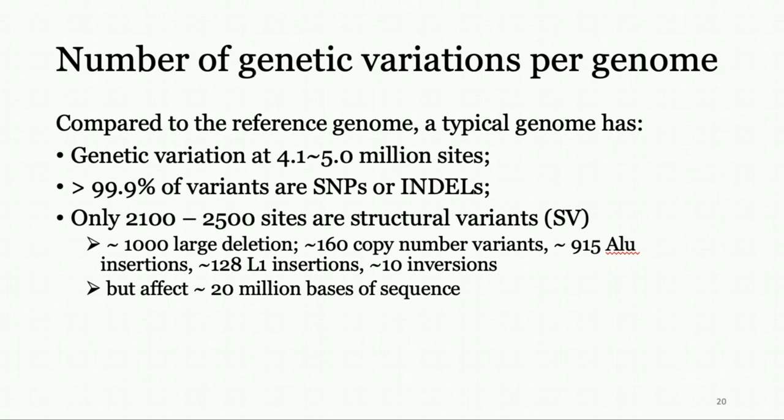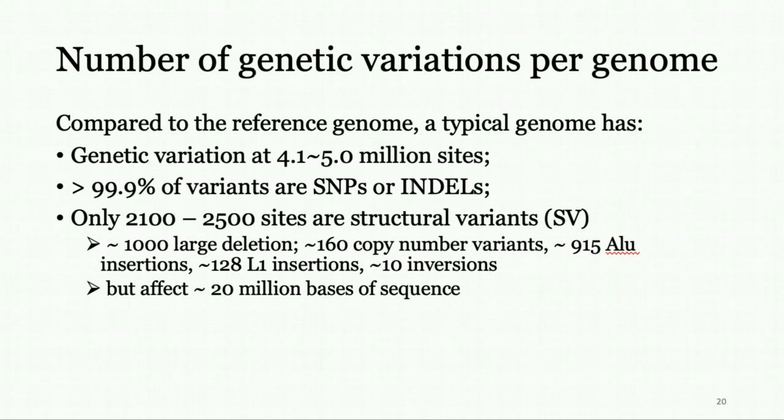The specifics of the different types are not important. Don't try to remember that. Just remember that we have a very small number of structural variations in our genome, and a huge amount of small single nucleotide or insertion deletion polymorphisms.